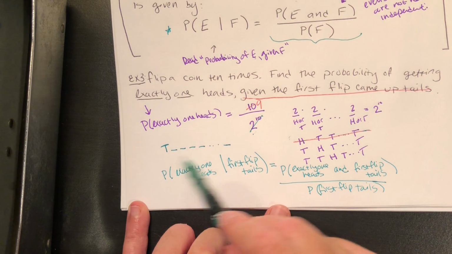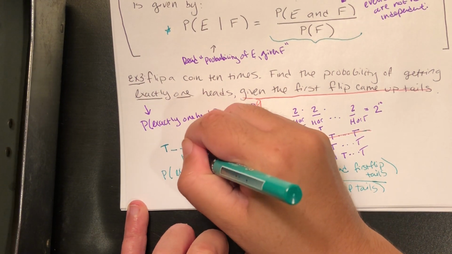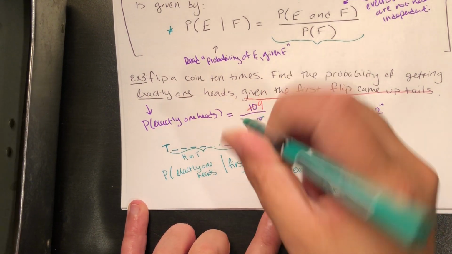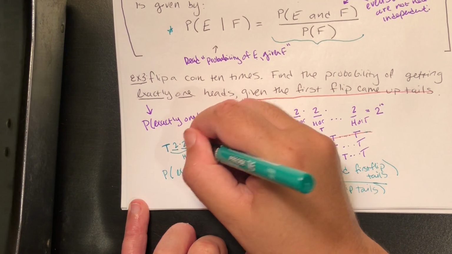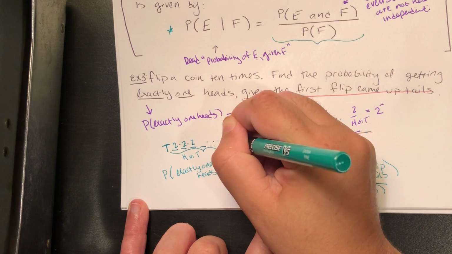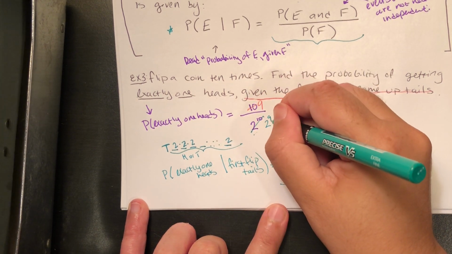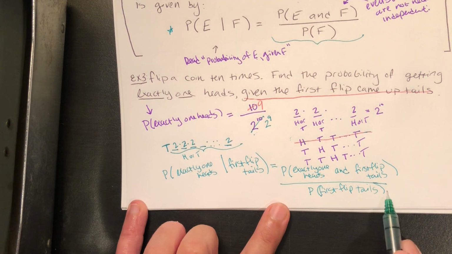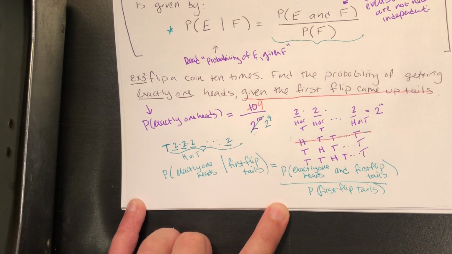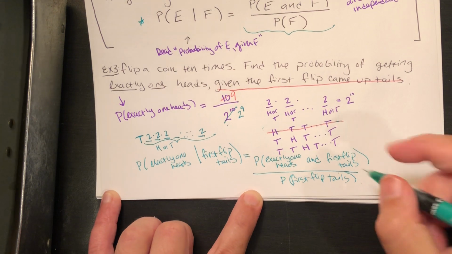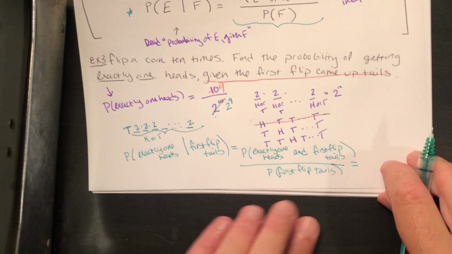And each of those 9 spots could be heads or tails. But we're guaranteeing that the first one came up tails. And so there's really only 2 to the 9 total outcomes here. Okay. So we want to make sure that the probability we get using this formula ends up being 9 over 2 to the 9.